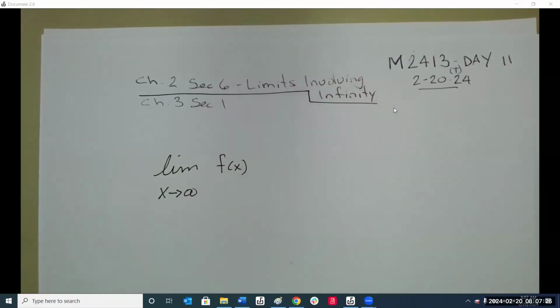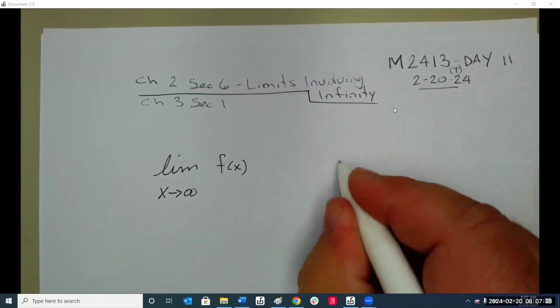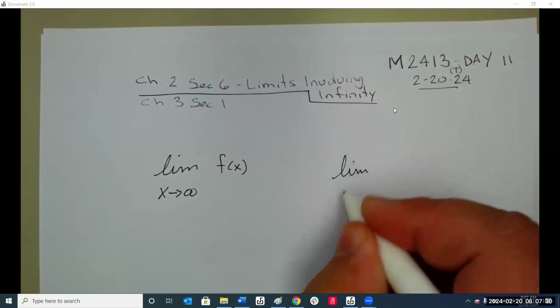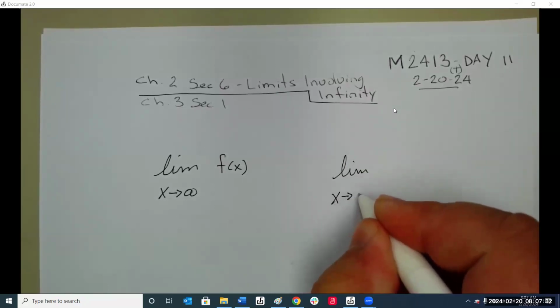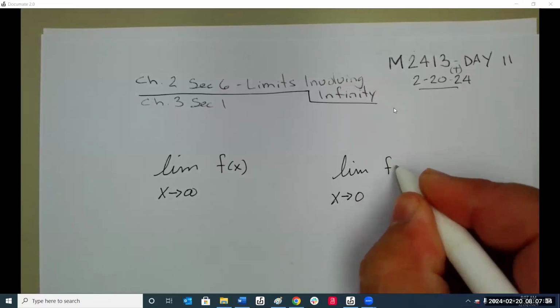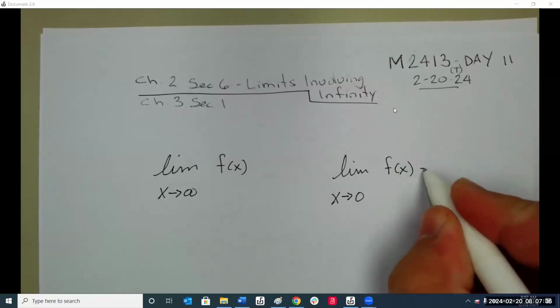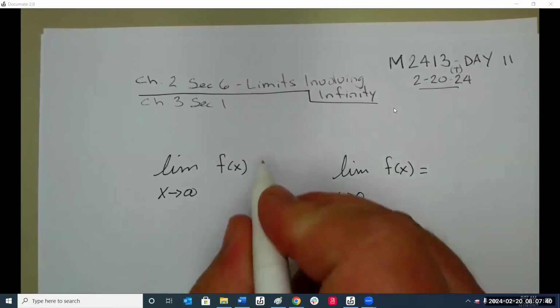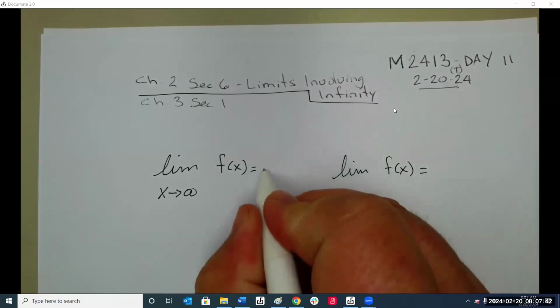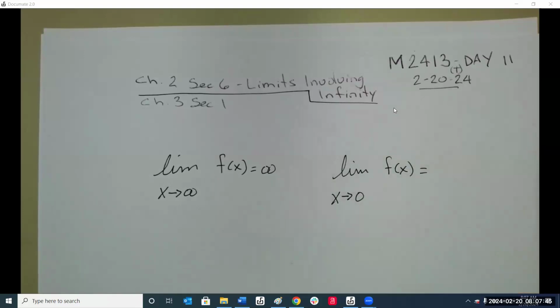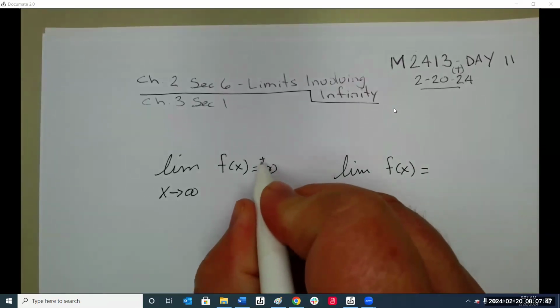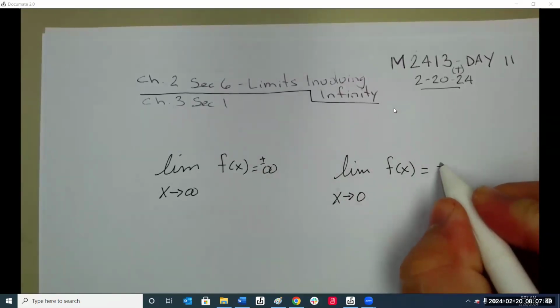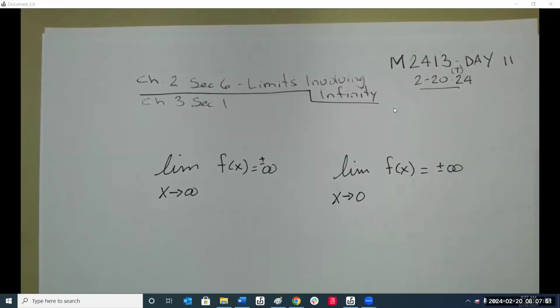We can look at that, or we can look at it like this. So if like this one, it can go to infinity. Oh, you go plus or minus infinity. Likewise, so can this one.